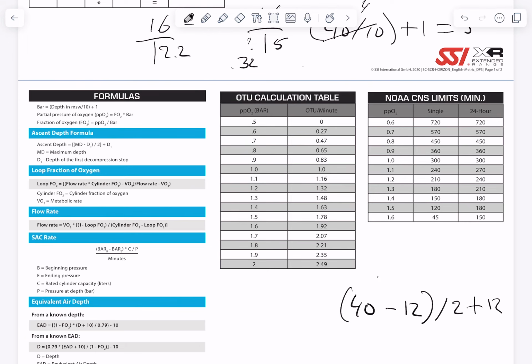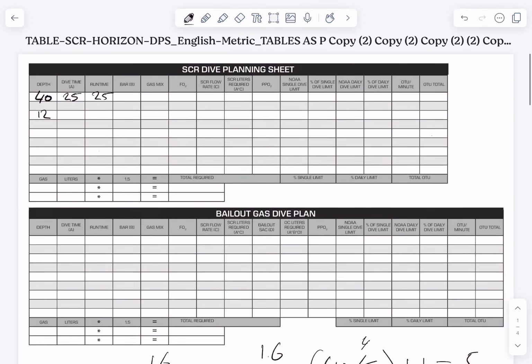So let's see what happens. So this here, 40 minus 12, obviously is 28. So we would do this one first, divided by 2, because that comes first. So we also do this part, is 14, and then plus 12 will bring it together to 26. So this is our 26 meters of average ascent depth.